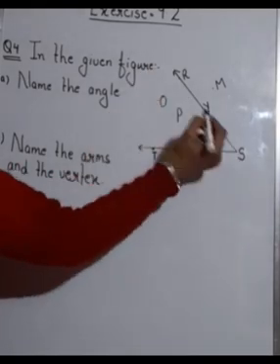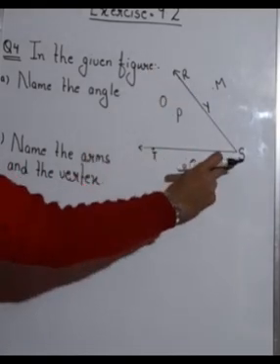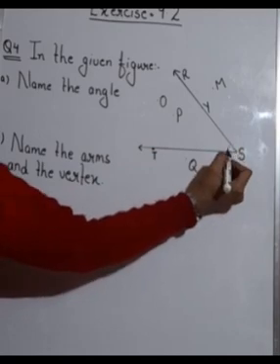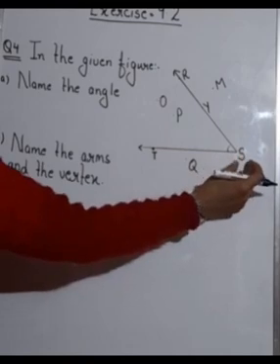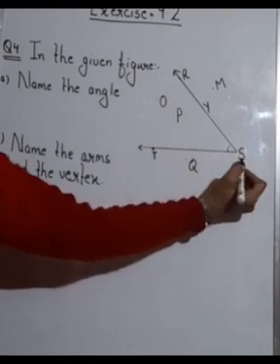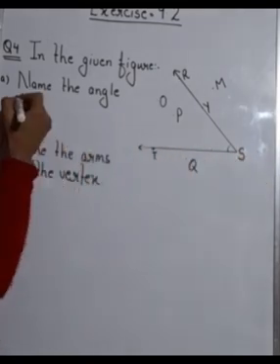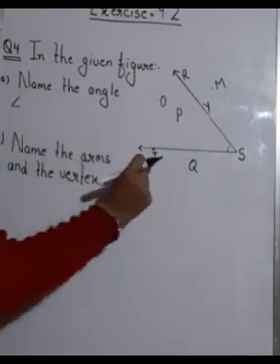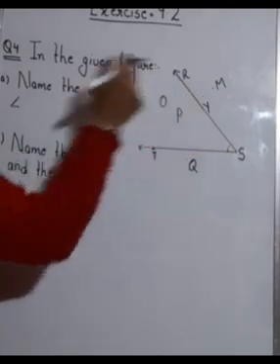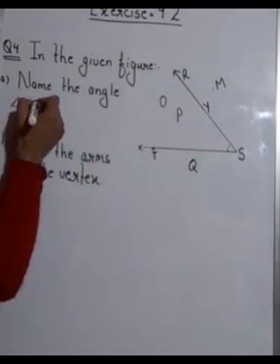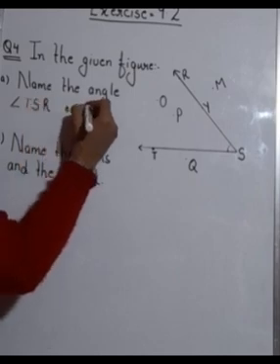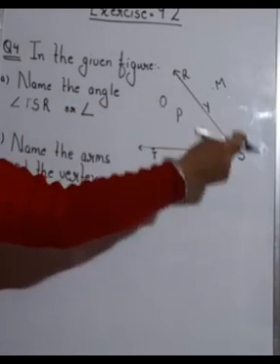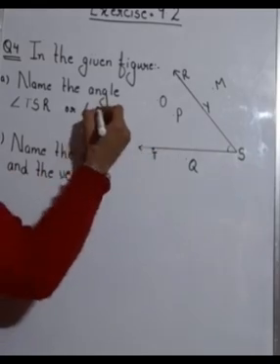I told you an angle is formed when two rays have the same starting point. So here your angle is forming. Now what I told you, that while naming an angle, you have to keep the vertex in middle. The vertex is S over here. So the name of the angle will be angle TSR, or you can write angle RST.